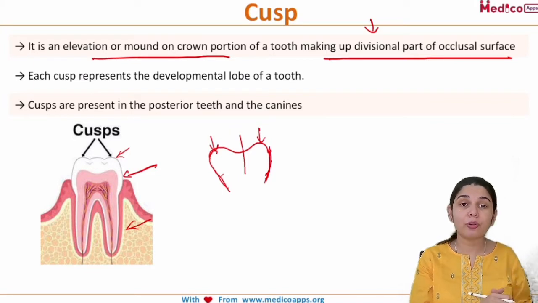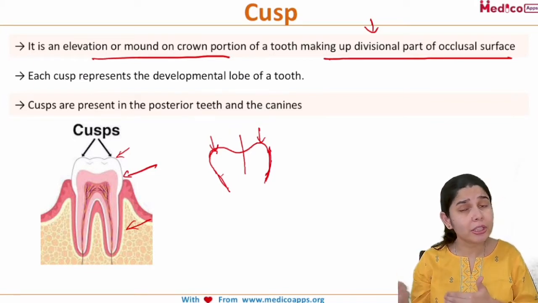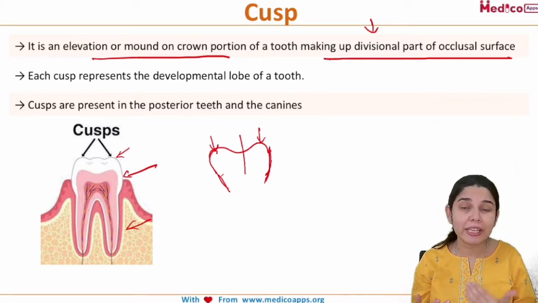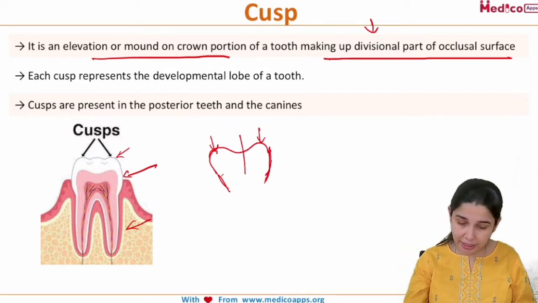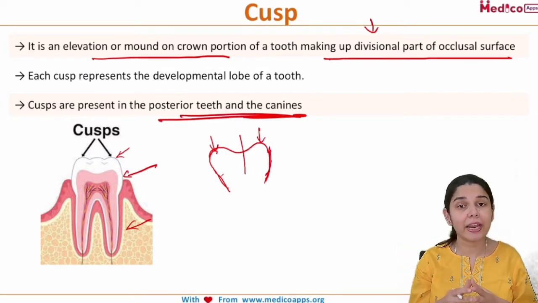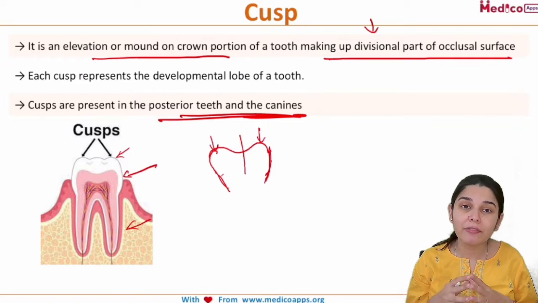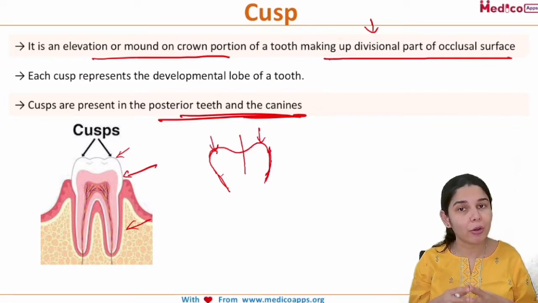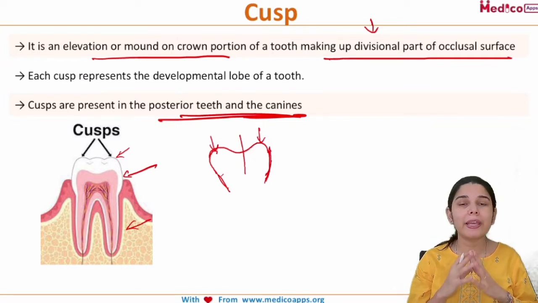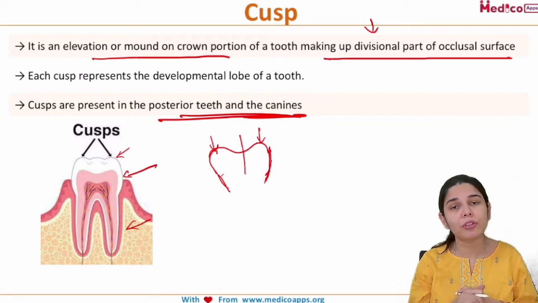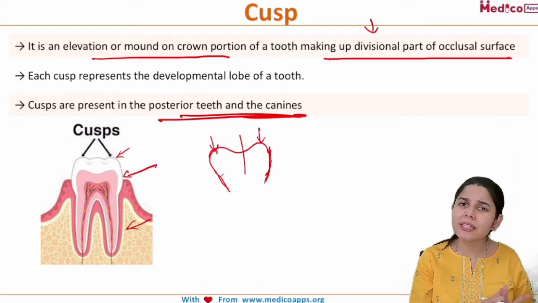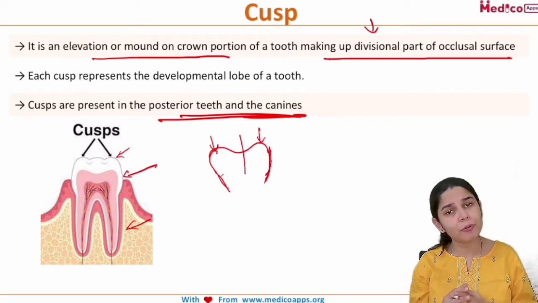Now, as I have told you, these cusps are not present in the anterior teeth. They are basically seen in the posterior teeth and canines. So, the definition of cusp is an elevation on the crown portion of the tooth, making up a divisional part of the occlusal surface, which is basically seen in the canines and the posterior teeth.